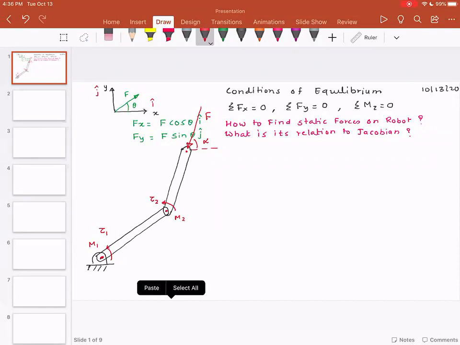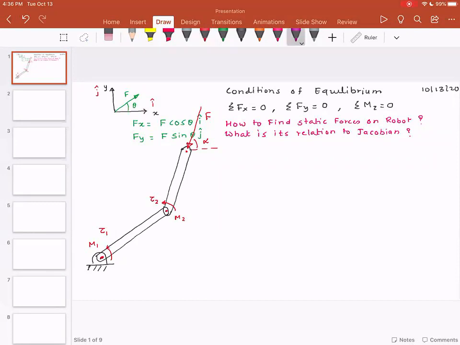So the question is, based on the robot geometry, in this static equilibrium position, what should be the values of the torque T1, T2, tau 1 and tau 2 to support external load?